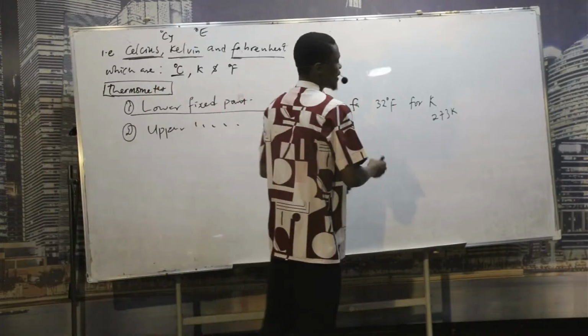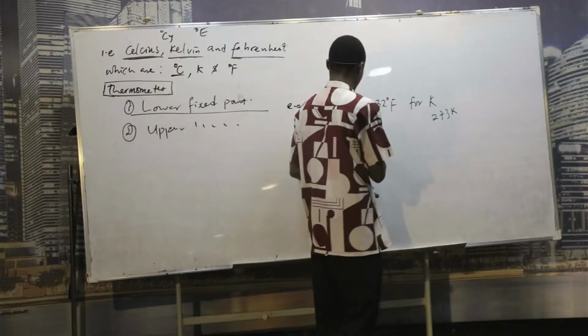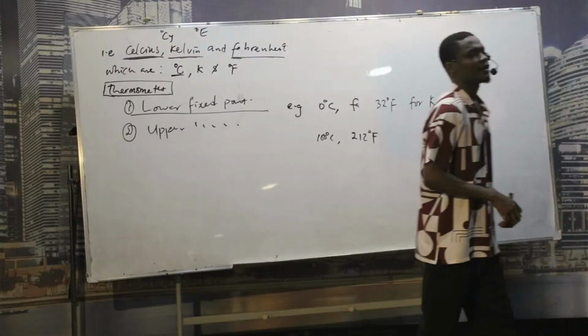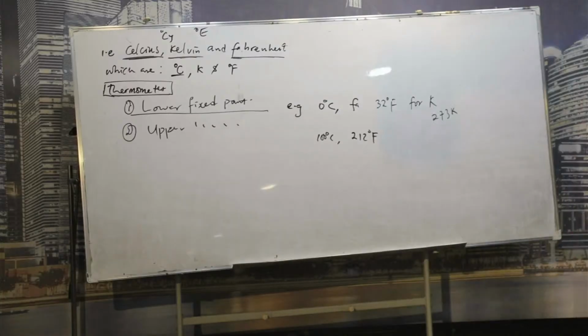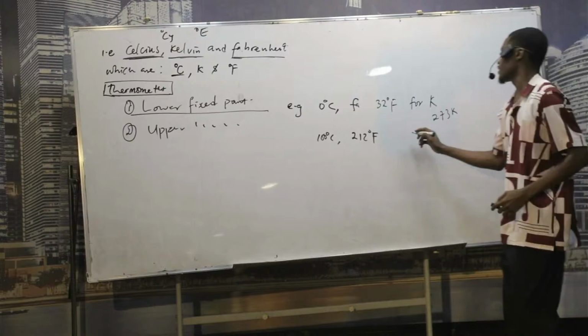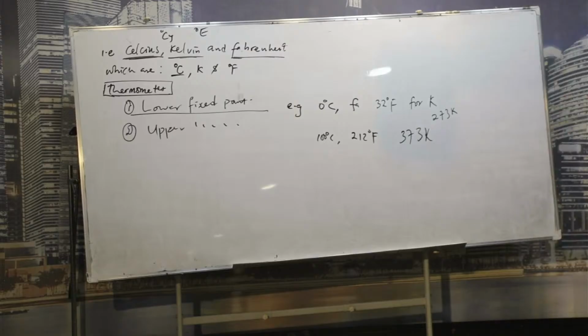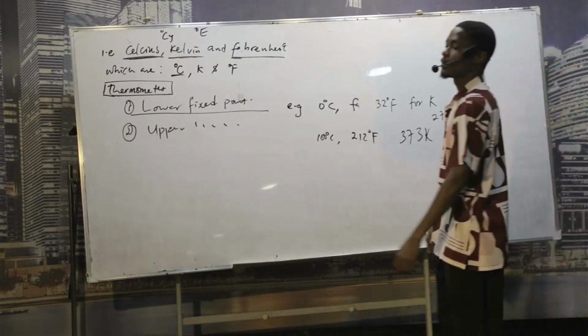For the Fahrenheit scale, it is 212 degrees F. And for the Kelvin scale, it is 373 K. Full stop.